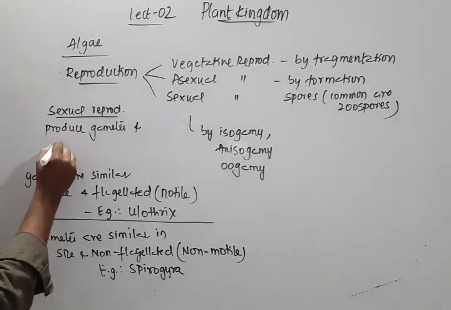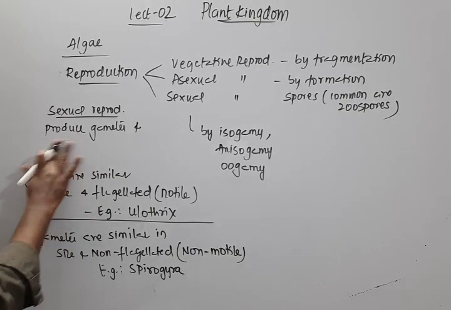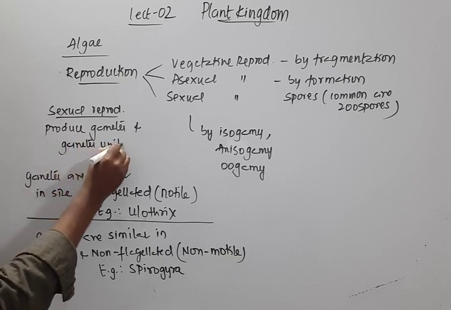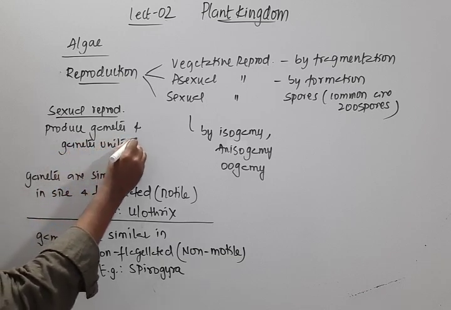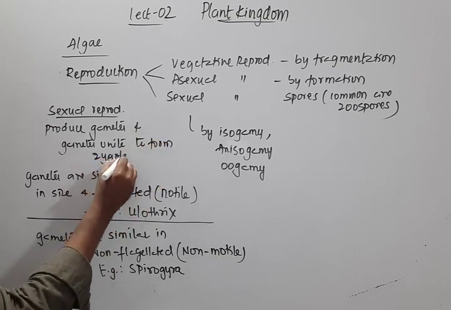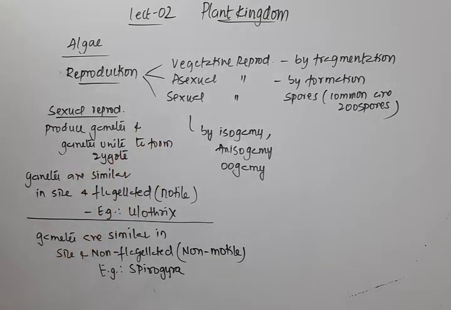So in sexual reproduction, they produce gametes, and the gametes unite to form a zygote.